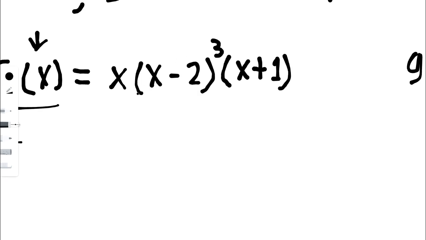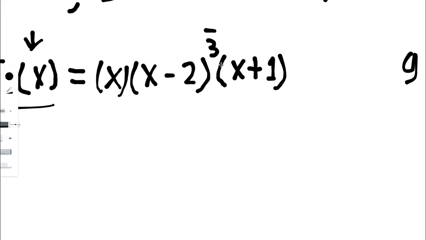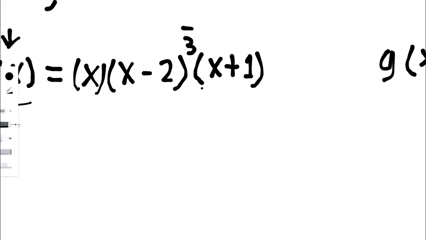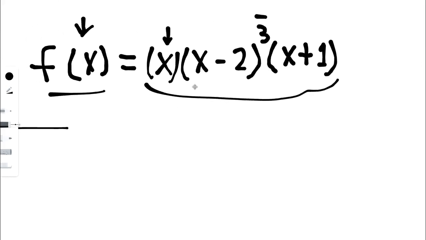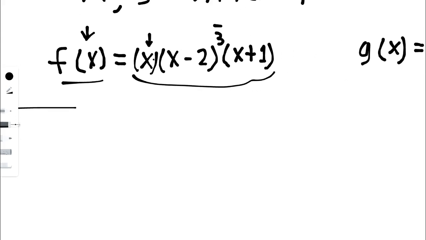Anytime one of these terms, for example x right here, or x minus 2 cubed, or x plus 1, equals 0, this whole thing is going to equal 0. Let's say in this case x equals 0. If I set x equal to 0 here, this entire thing will become equal to 0, so it'll be an x-intercept, because 0 times all this, no matter what the value is, even a billion times 0, is still 0.